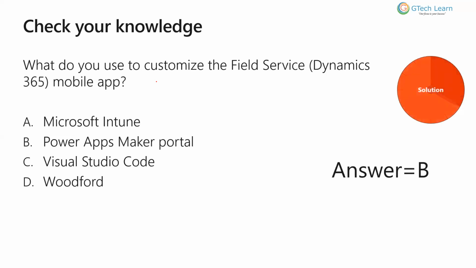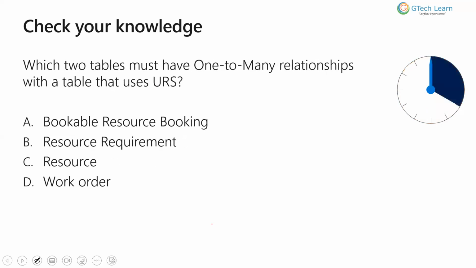Okay, so the correct answer for that question is going to be option B, Power Apps Maker Portal. Let's move ahead and talk about another question now. Next question is talking about which two tables must have one-to-many relationship with a table that uses universal resource scheduling.